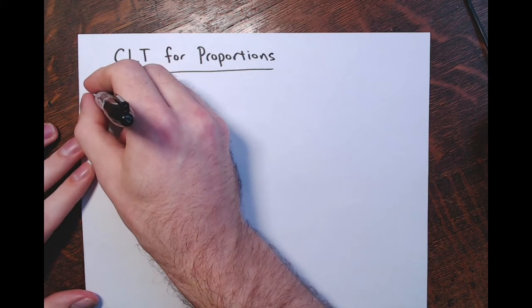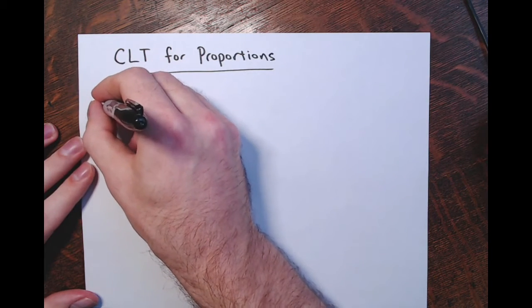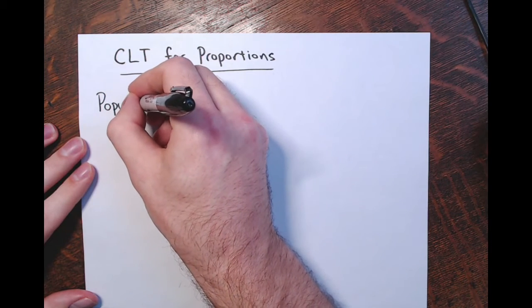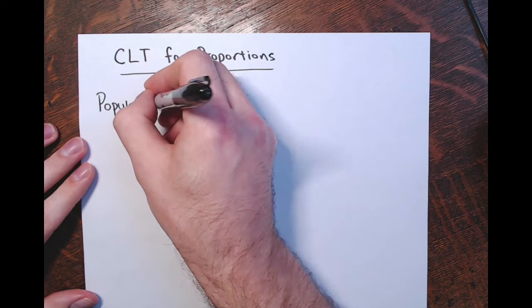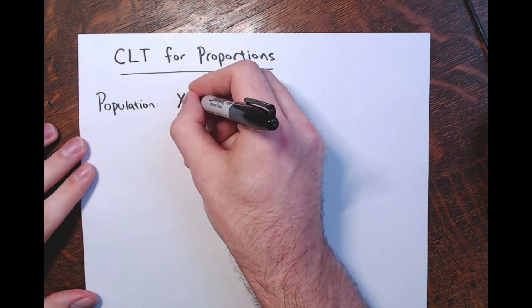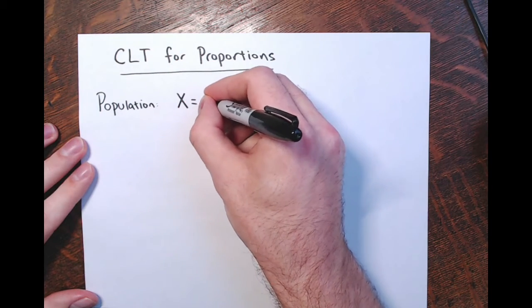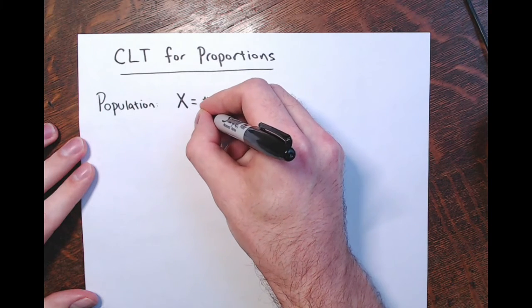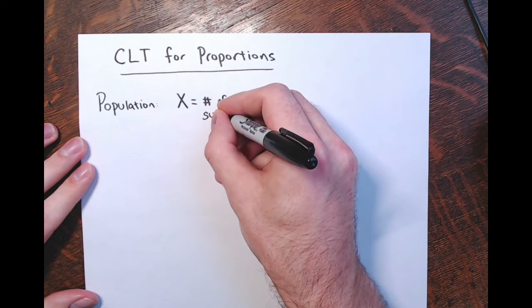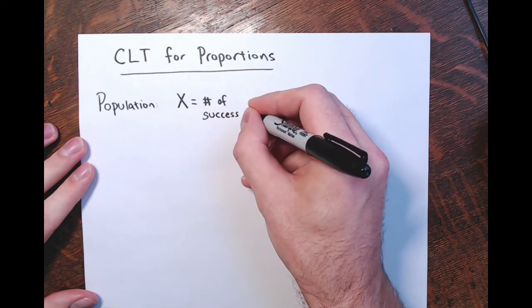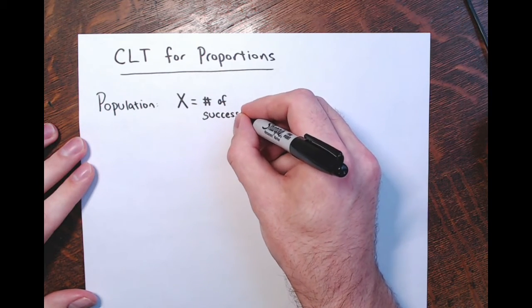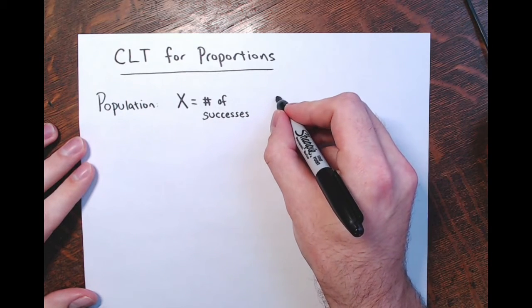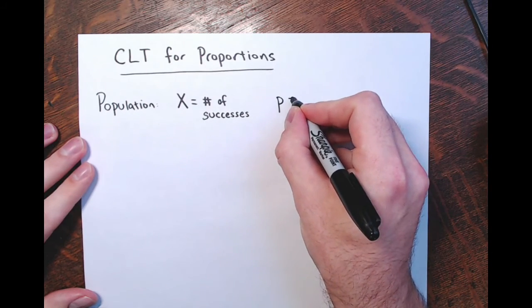All right, so remember you have this population. And suppose X represents the number of successes in a population, and we had a lowercase p.